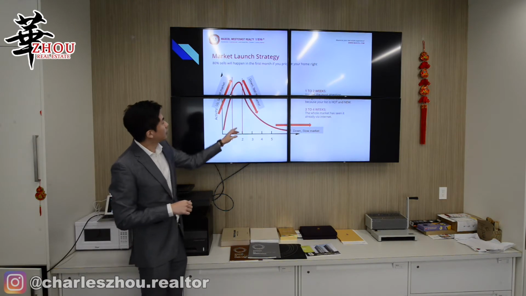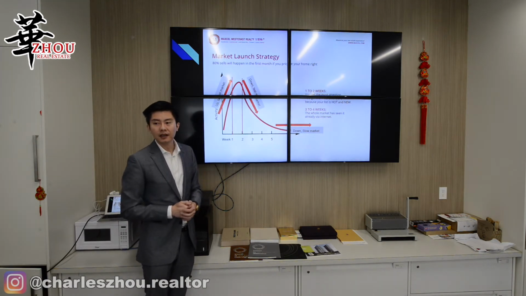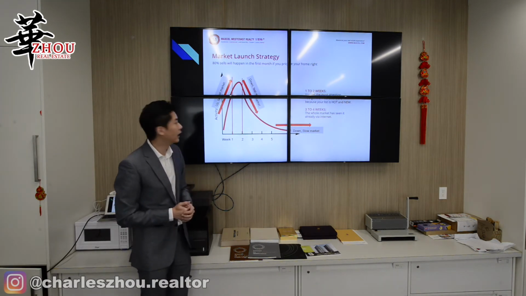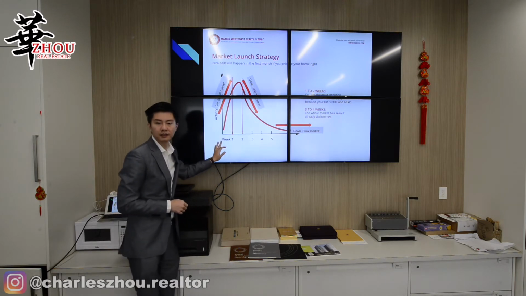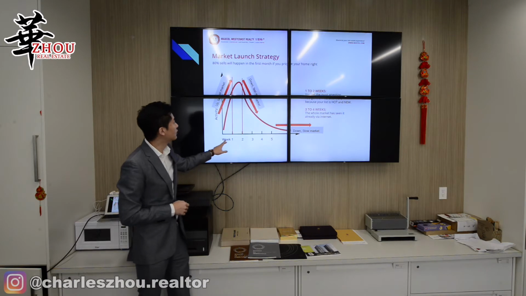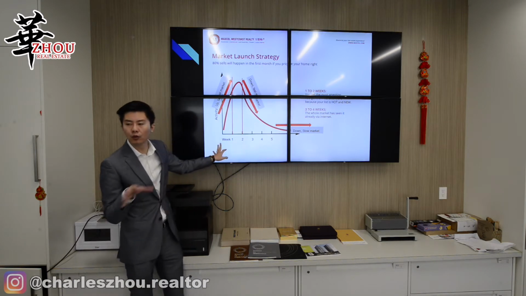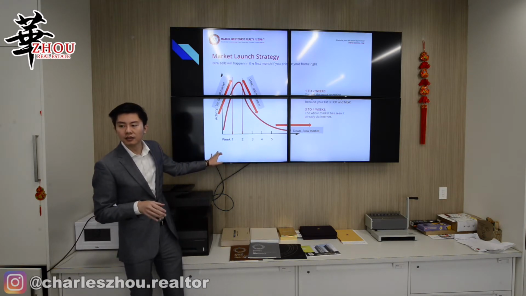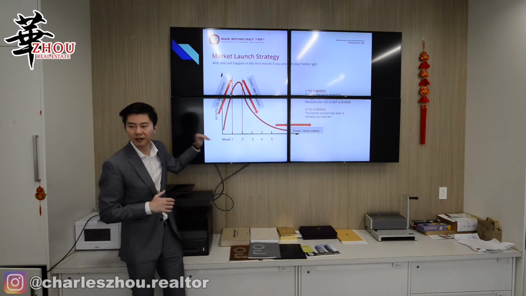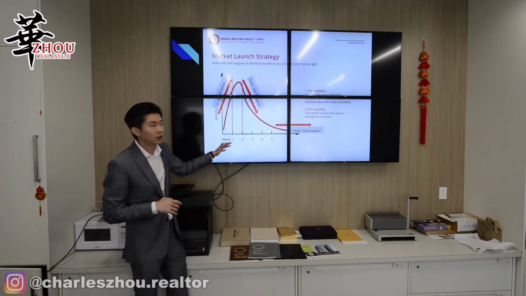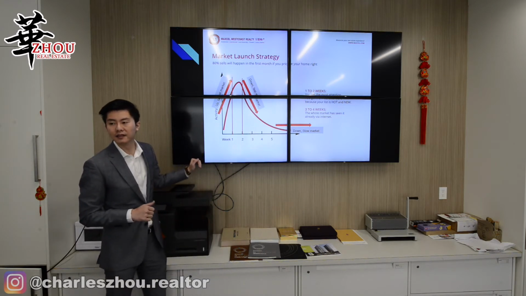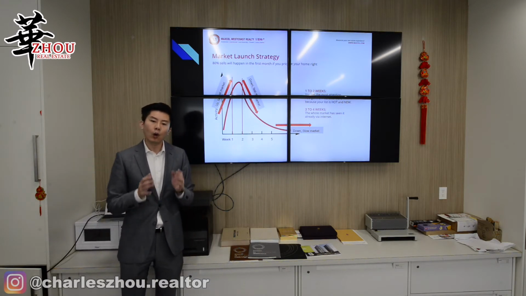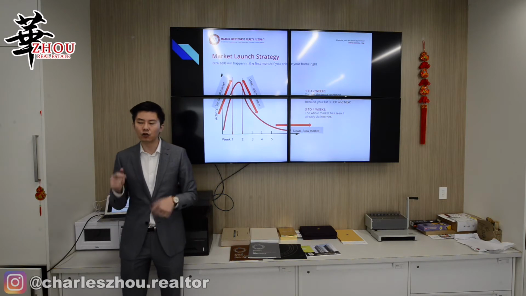So here is a graph of a trend, okay? Normally when you post your listing on the market, for the first 2 weeks, the most people will see this listing. If you price your listing very, very high, everybody saw it, and later on, fewer and fewer people recognize your listing. Why do people cancel a listing and relist it?